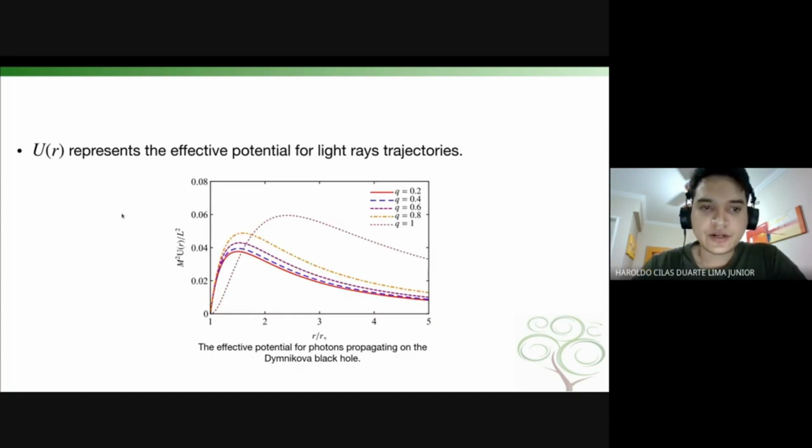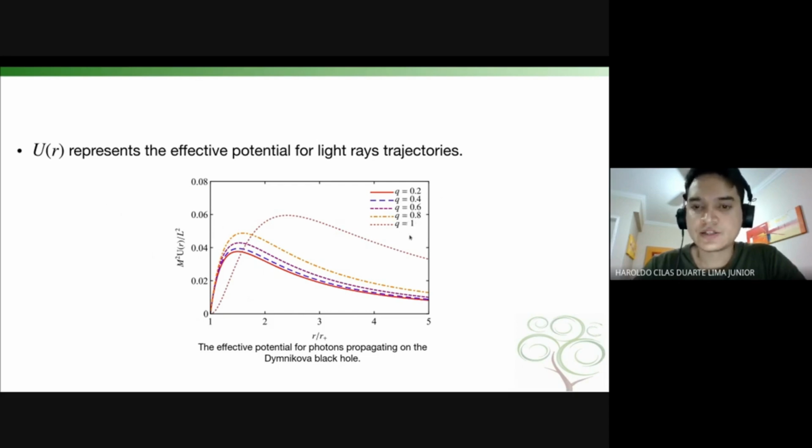Here in this figure, I represent the function U of r, the effective potential for light ray trajectories, as a function of the radial coordinate for different values of the charge. The values of the charge go up to 0.2. Well, they can also be 0, but the maximum value is q equals 1.